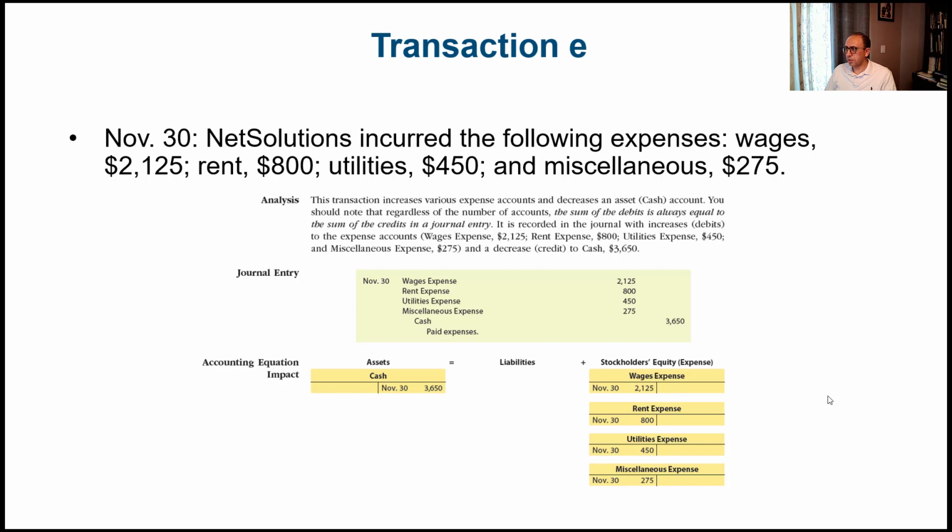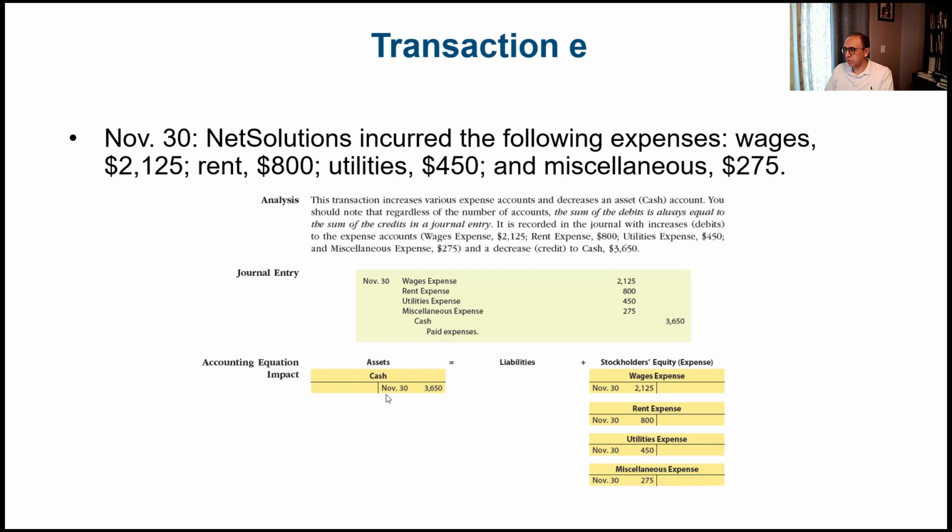So all these expenses, as we've talked about before, should be recorded on the debit side, because whenever expenses increase, they are recorded on the debit side. And how did these expense accounts impact cash? Did they increase cash or decrease cash? Of course, when we pay for these expenses, cash is going to go down, and that's why you see cash.